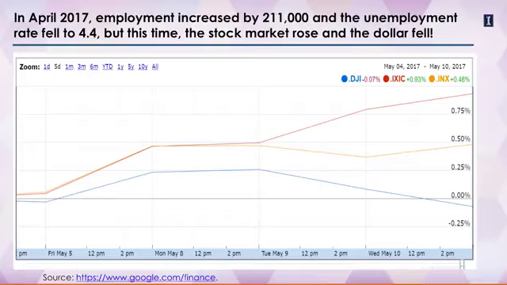But this time, the stock market went up, and the dollar also fell rather than becoming stronger, as we had seen before. The reading of this situation was different because the conditions were different, and understanding what factors shape the expectations of investors in the stock market and participants in the foreign exchange market is very important and rather complicated.